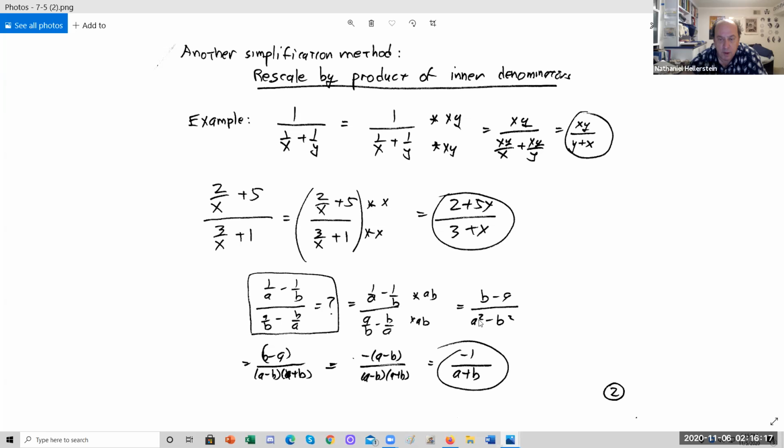Over b over a times ab is a squared, minus a over b times ab is b squared. a squared minus b squared is a difference of squares: a minus b times a plus b. Numerator is b minus a. These are not quite the same. They're in reverse order, but that just means that b minus a is the opposite of a minus b. Now the a minus b's cancel, and we're left with -1 over a plus b.